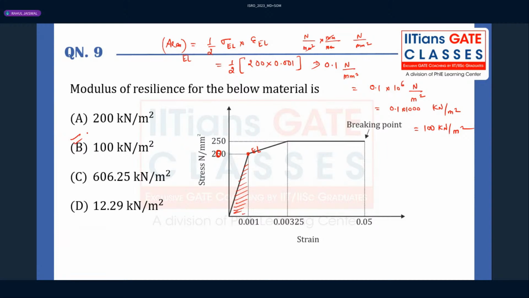What is the modulus of resilience and all those things I have given very clearly in one of the previous year questions sessions. I think in the second class when we discussed the 2016 paper.